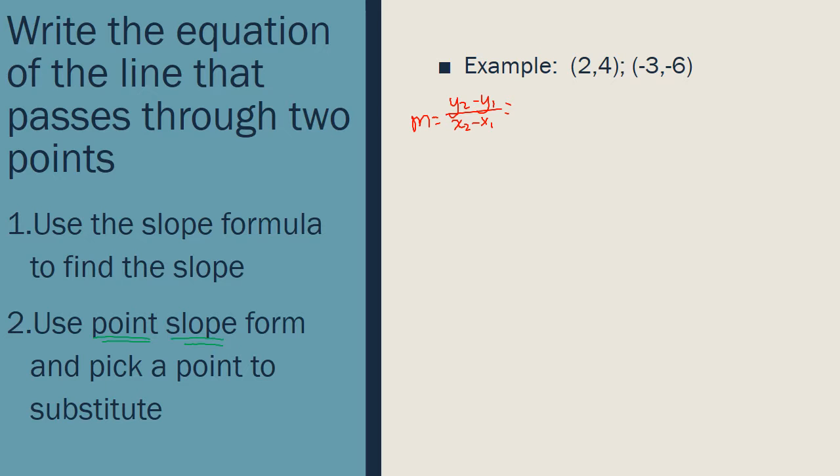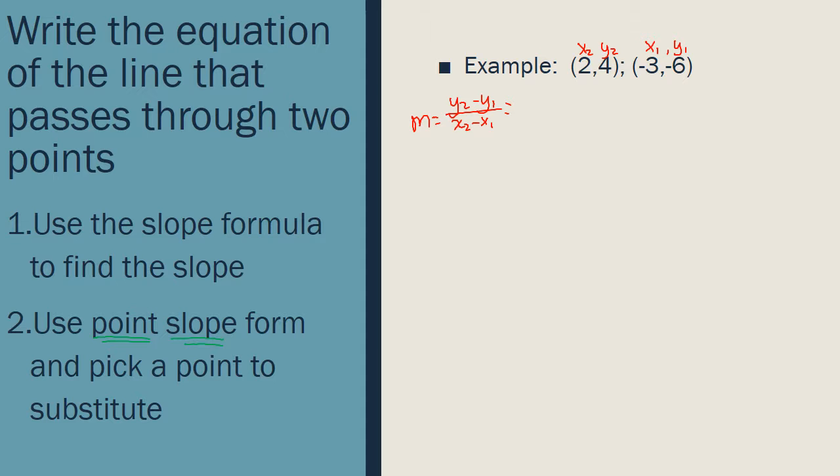I'm going to go ahead and identify my points. Either way, it doesn't matter. I'm going to identify this as my x1, y1, and this is my x2, y2, just to change it up a little bit so you can see it doesn't matter which one. But you just plug them in.